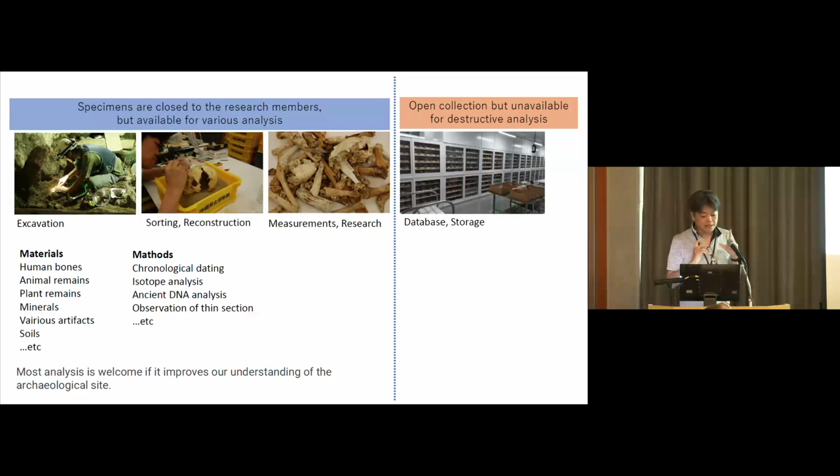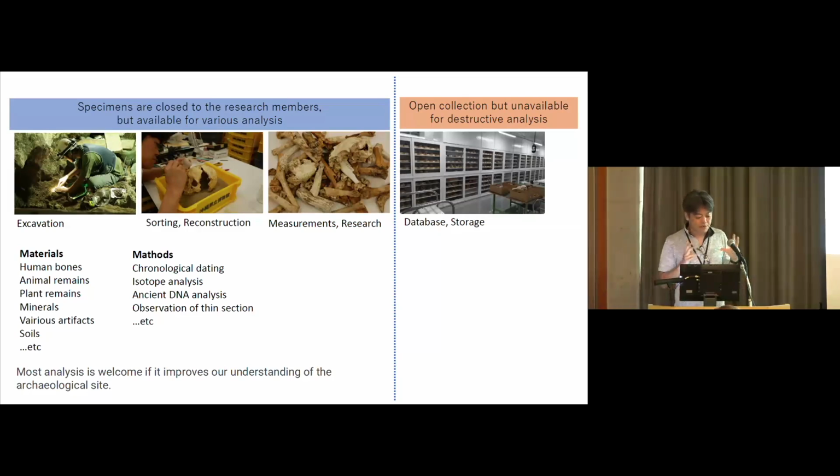And you know, we have a variety of materials, especially at the excavation field. For example, human bones, animal bones, and plant remains, and not only those organic materials, but also stones, minerals, soils, and also various artifacts.